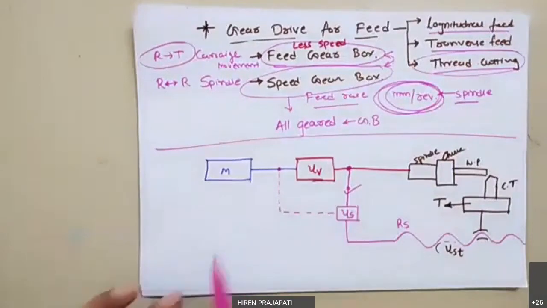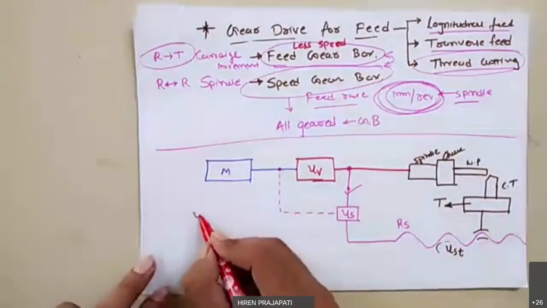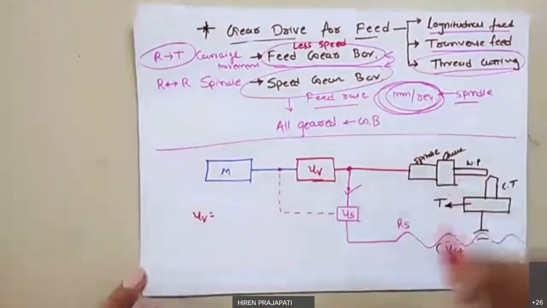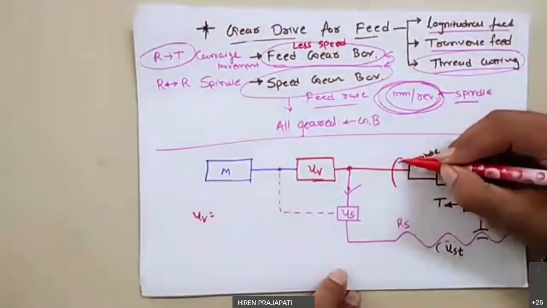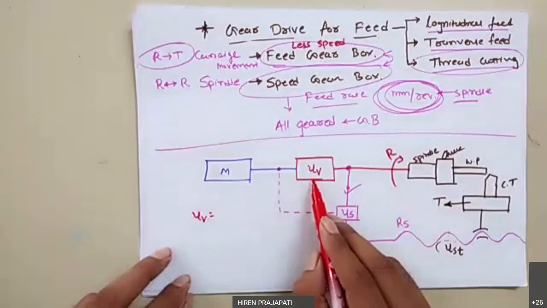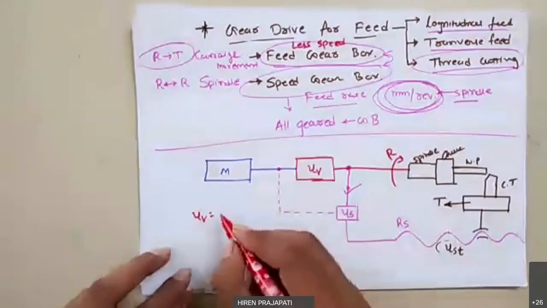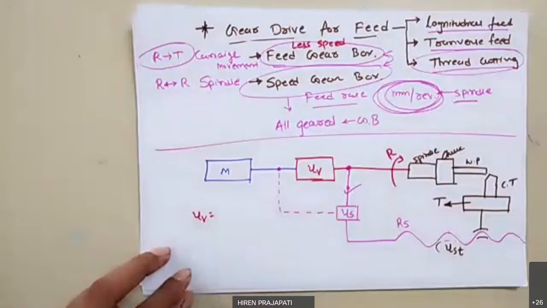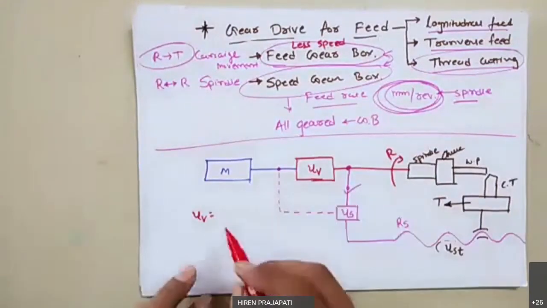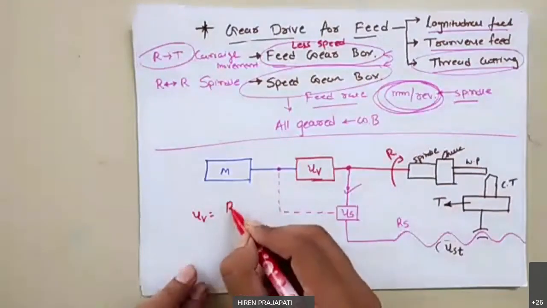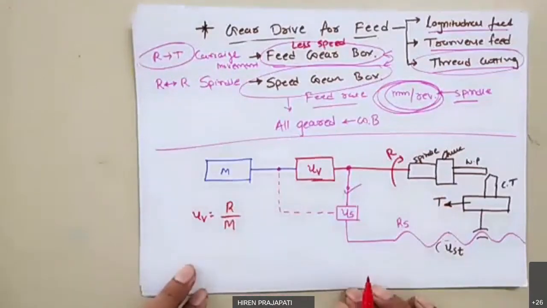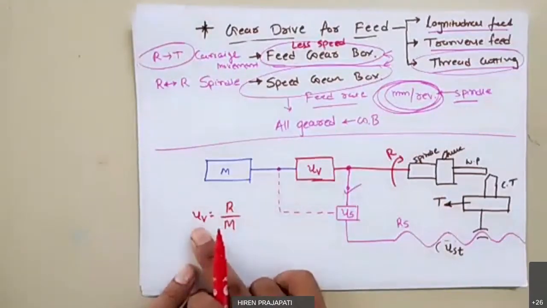Okay, now UV is the transmission ratio of the speed gearbox. Suppose the rotation of this chuck is R due to UV, then UV is output speed divided by input speed, the transmission ratio between chuck and motor RPM. Output speed is R, the rotation of this chuck, and input speed is M, the motor. Then this UV is actually variable, right?